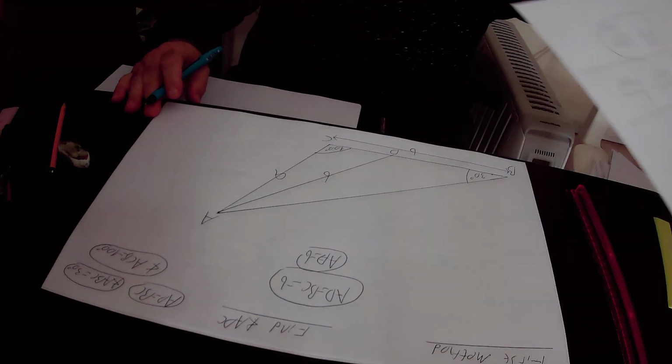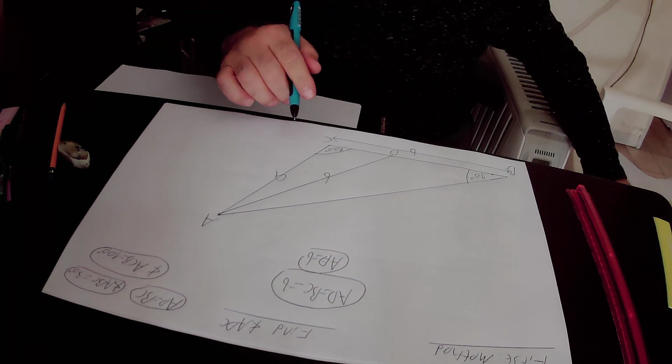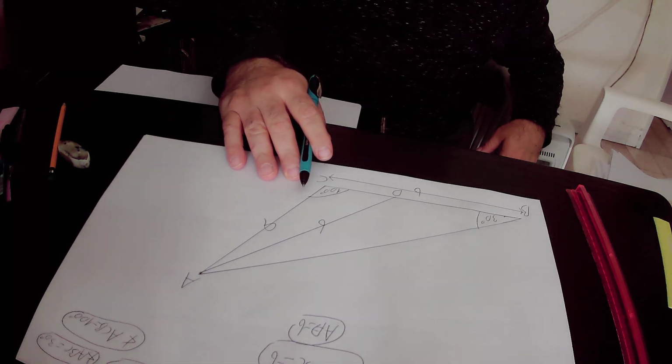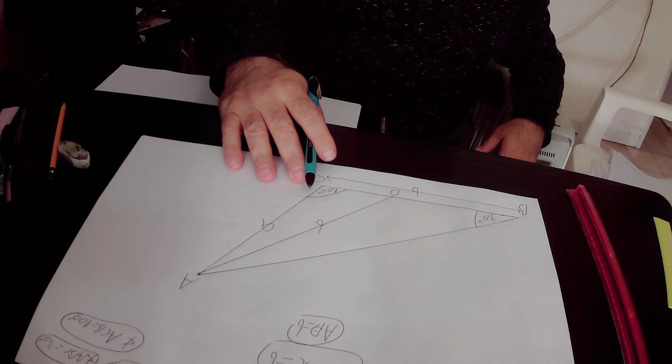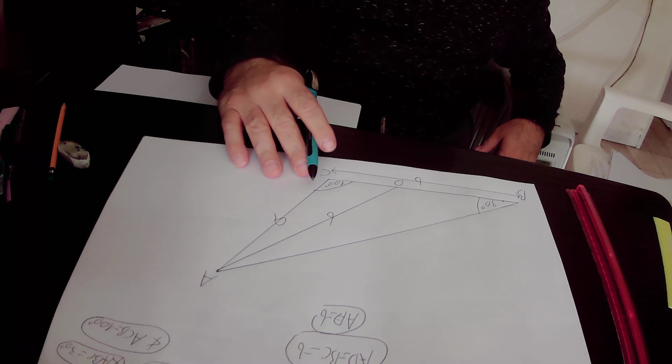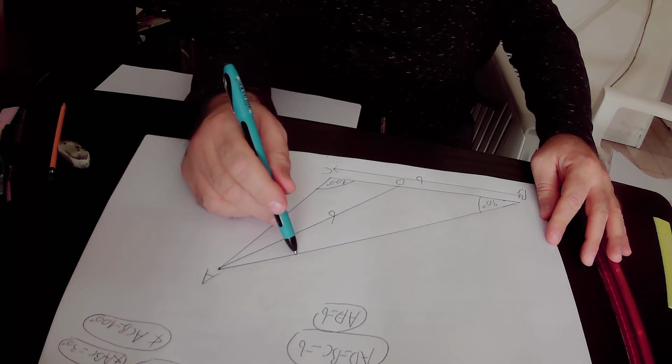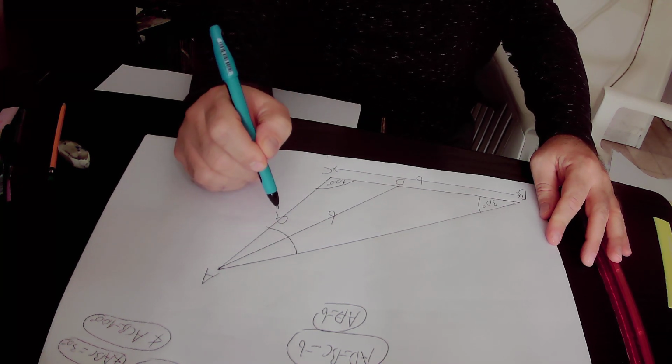Okay, so in the next step, I will copy triangle ADC in a new page, and we will implement the law of sines in this triangle, triangle ADC. But first of all, we have already found out that angle BAC equals 50 degrees.